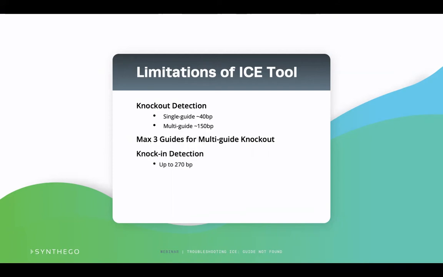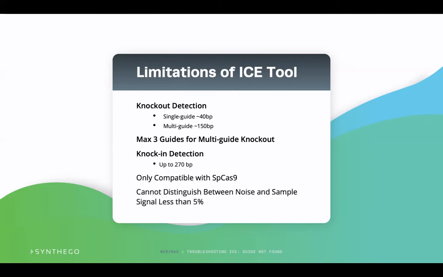For knock-in experiments, ICE has the capability to detect insertions up to 270 base pairs. ICE also assumes you are using SP-Cas9 nuclease and will place the cut site 3 bases upstream from the 3' end of the guide. Lastly, Sanger sequencing always has some inherent noise.